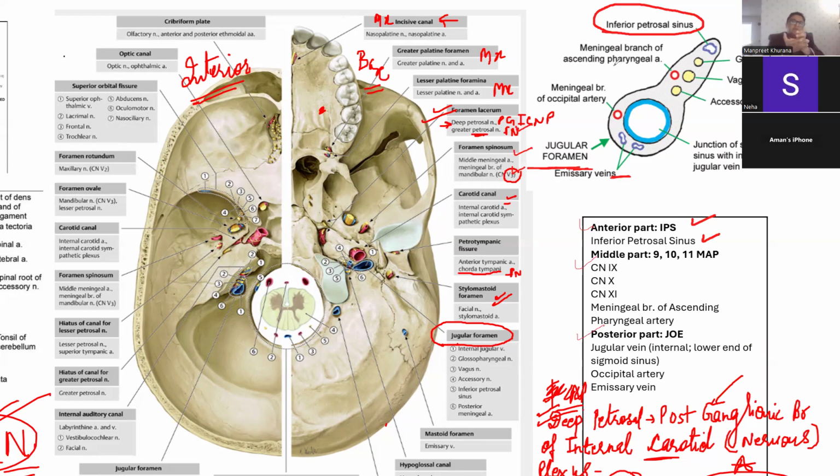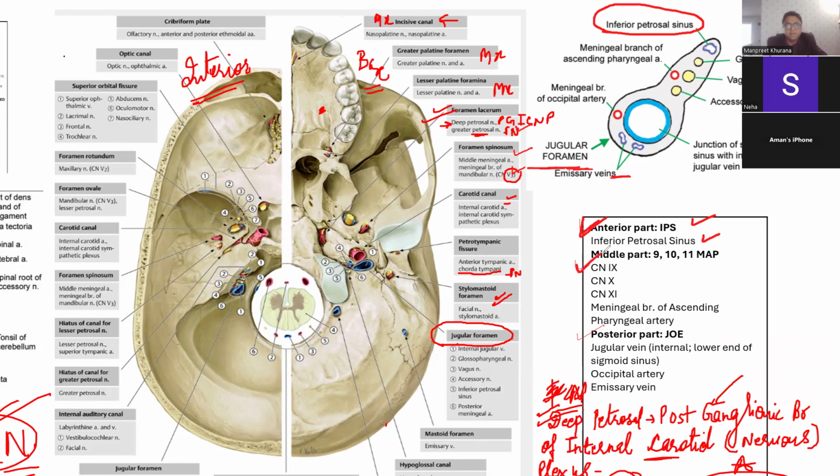This inferior petrosal sinus is a type of dural venous sinus, which eventually drains the deoxygenated blood and the cerebrospinal fluid into the internal jugular vein. It joins the sigmoid sinus and eventually goes through the anterior part of the jugular foramen and drains into the internal jugular vein.